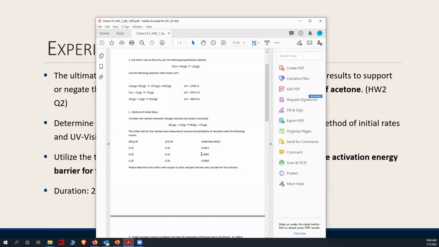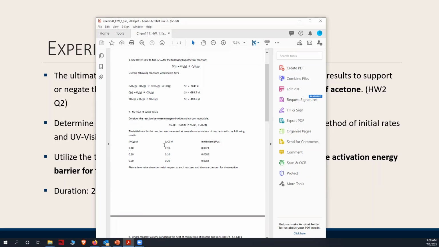This is going to be very similar to our experiment today. We are going to use different initial concentrations, and we are going to measure the initial rate. So this number will not be given to you. You need to measure this, and the concentration is the concentration you will make for that particular reactant.